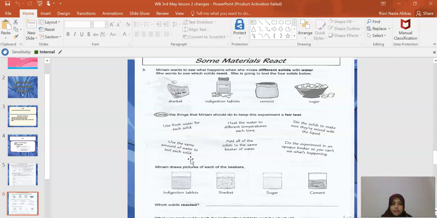So circle the things that Miriam should do to keep the experiment a fair test. So what are the things that she should do to keep the test a fair one? Use fresh water for each solid. Do you think fresh water or she should keep the same water?